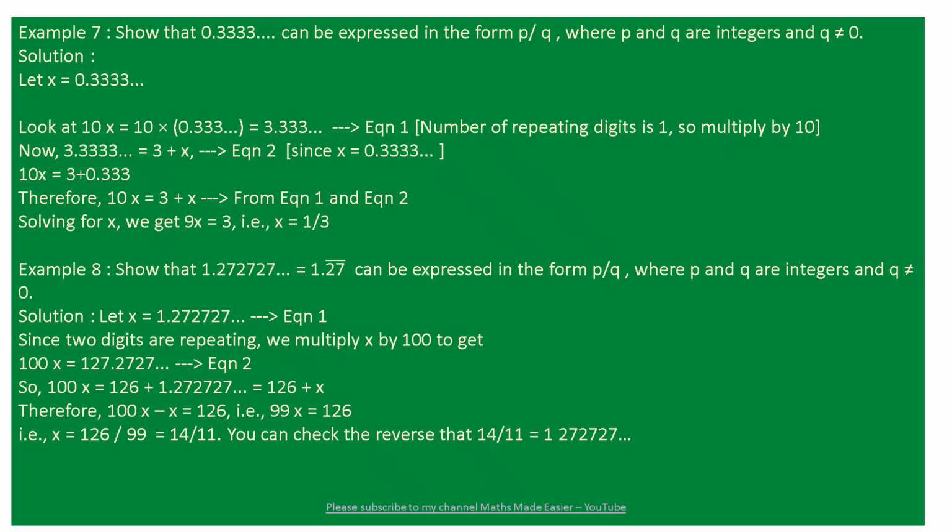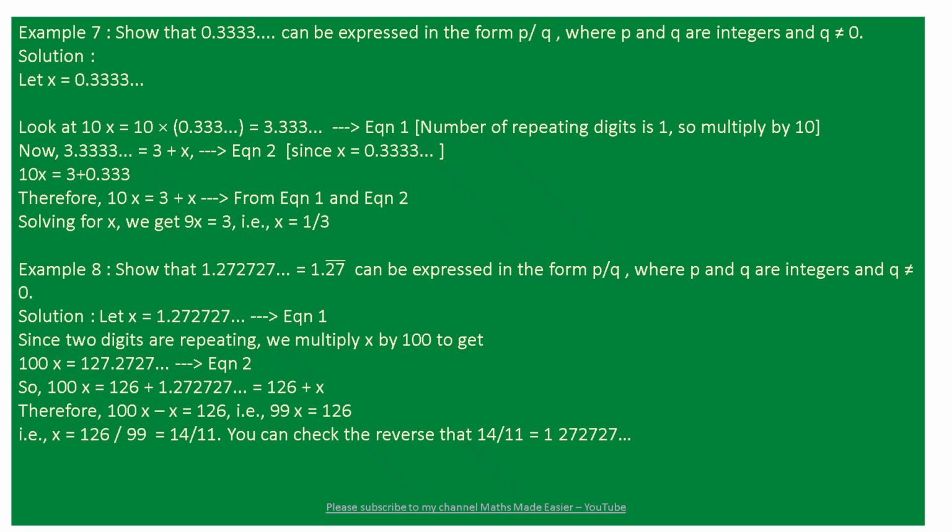Similarly, for the next example, you can very well see that there are two numbers as a block of digits which get repeated in the given number. Considering this particular number to be equal to x, taking this as equation 1.